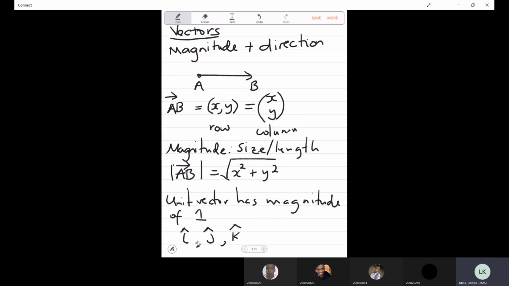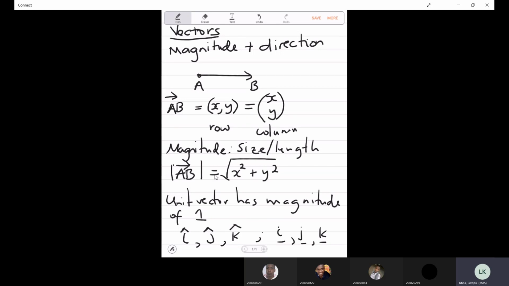Like I said, in your book you'll see that it's bold, but here, just to differentiate the letter i from the vector, I put a hat, or sometimes you will see it's underlined, so i, j, k. Again, this is just to distinguish them from the letter and show that it is in fact a vector. It might also have an arrow. So a unit vector is just a vector that has a magnitude of 1.